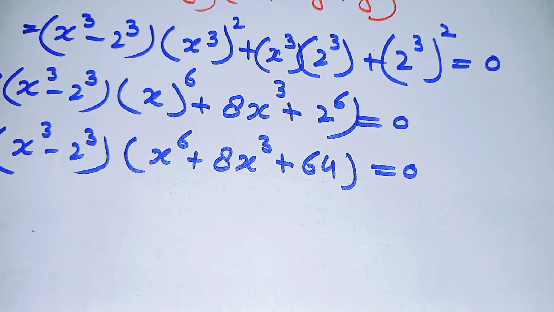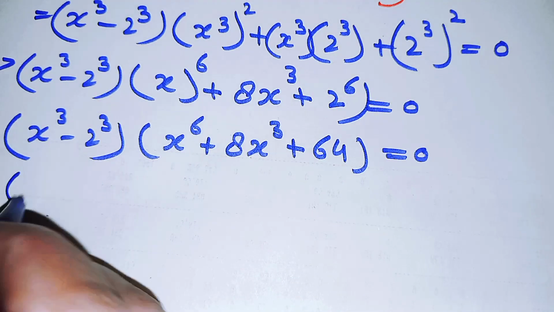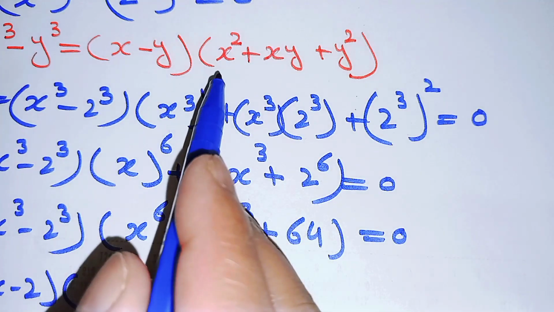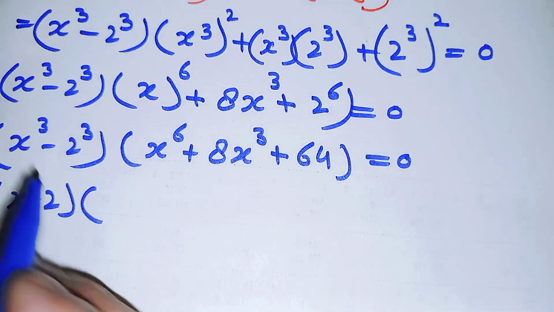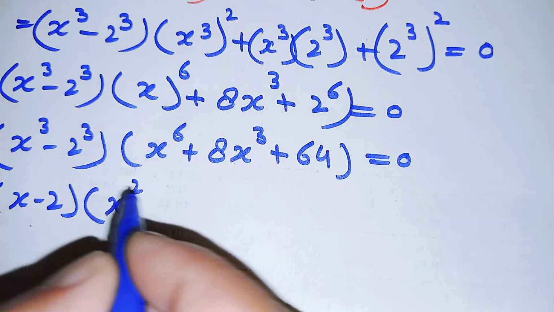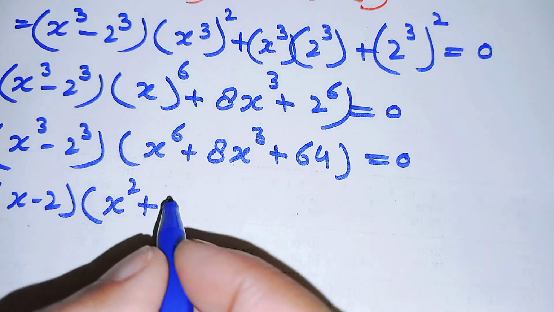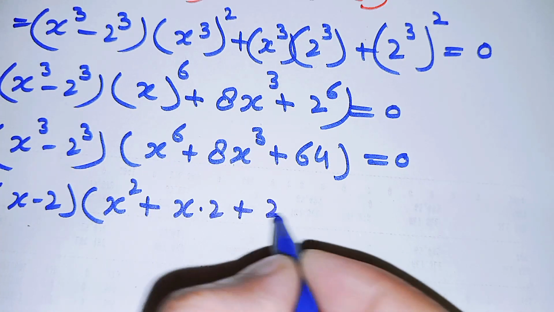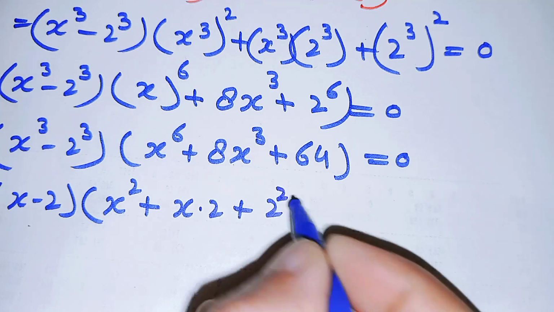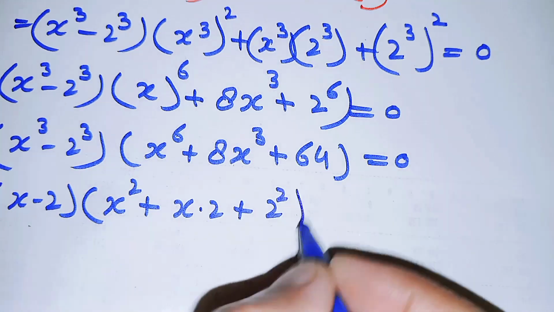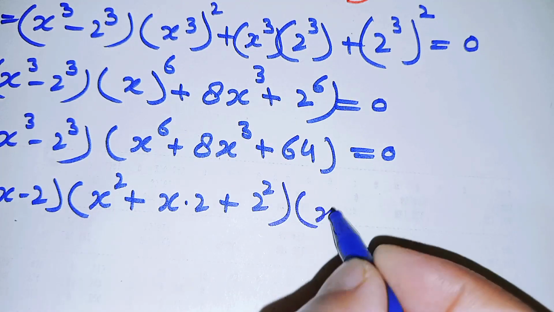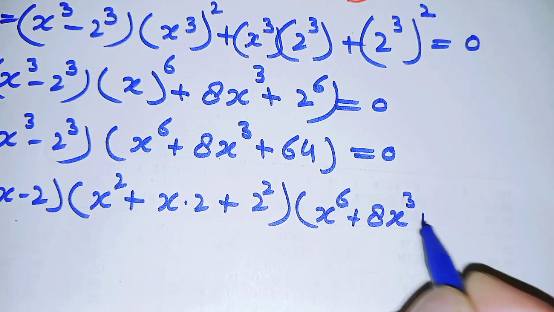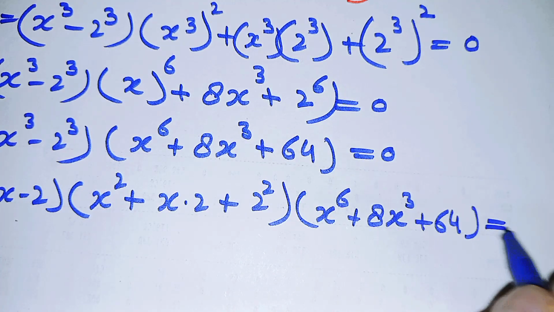So here we can write x minus 2, and then x square plus x times y, which is x times 2, plus y square, which is 2 square, and then x to the power of 6 plus 8x cube plus 64 is equal to 0.